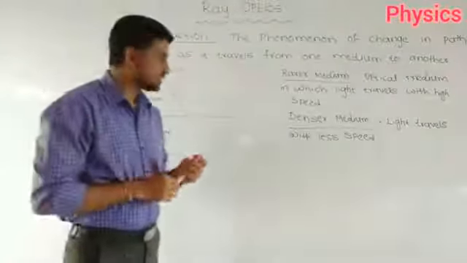Another condition is when light is incident from a denser medium to a rarer medium. Now I am going to incident a light from a denser medium to the rarer medium. So here also I am taking one interface, and now I am taking this as a glass medium, and this one is the air medium.